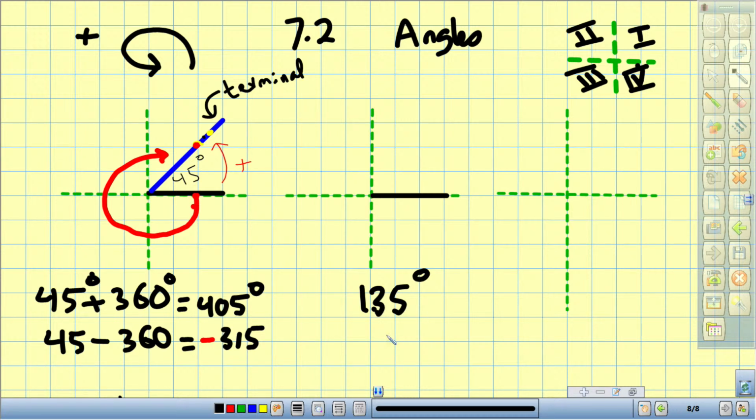Can somebody help here? See if Giovanni is in the right place or not. Do you agree or disagree? Which quadrant is 135?